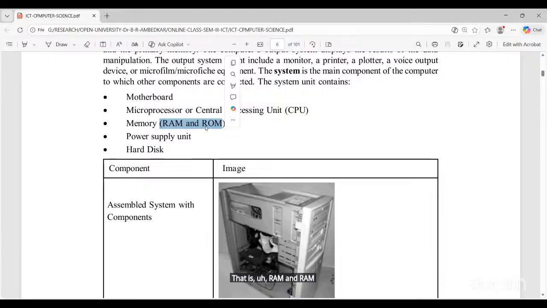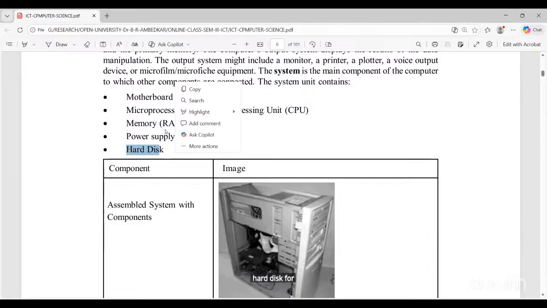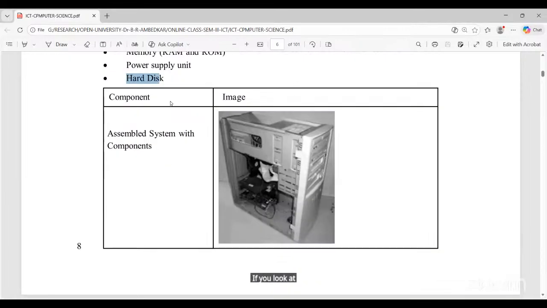These two parts will be inside the memory, and the power supply unit is there. Then hard disk for storage. This computer you can call a tower model, or desktop computers. We understood it is in a cabinet, so inside it all these parts will be there.